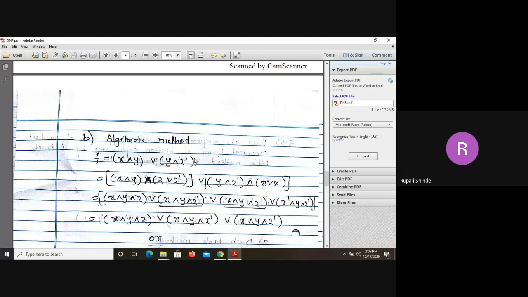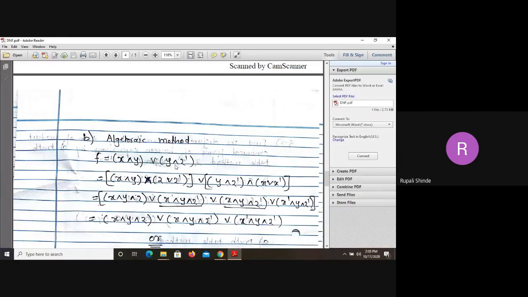That is fine. Now we have to check whether every bracket contains all three variables. What is the necessary condition? Every term must contain the three variables x, y, z. Check here. The first term contains just two variables, x and y.